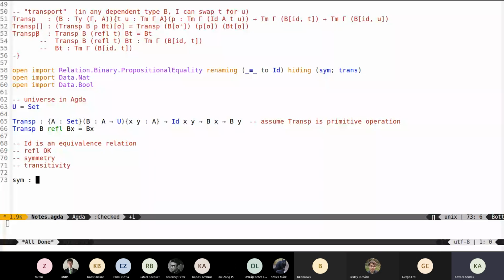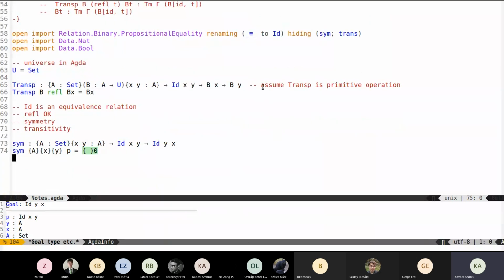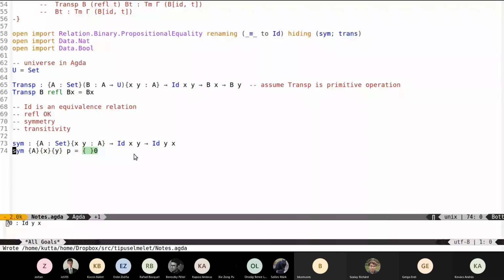So symmetry says that if I have an ID of x y, then I also have an ID of y x. And this works for any A, which is a set, and any x, y which are in A. Okay, so if I have a sym x, y, p, but now the challenge is that I can only use transport because I say that transport is the only available elimination principle for identity.